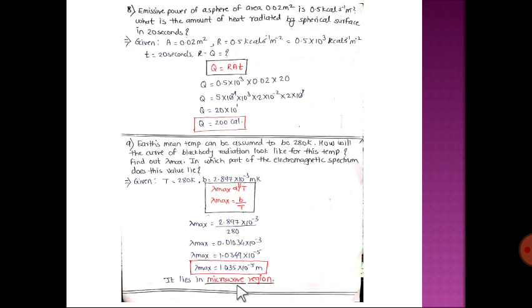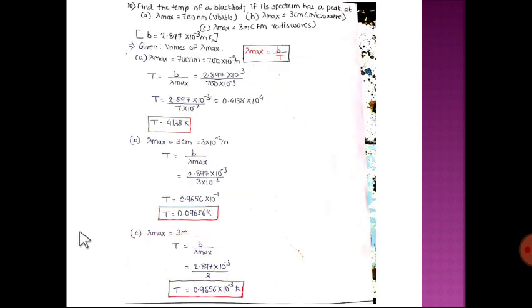It may be under visible, it may be under UV. So we have to find out by using the formula or by using the value of lambda max. Then we can decide under which region it lies. Okay, so this is about electromagnetic spectrum. So let's move towards the last one, which is the 10th numerical.